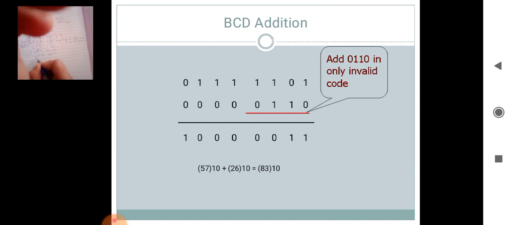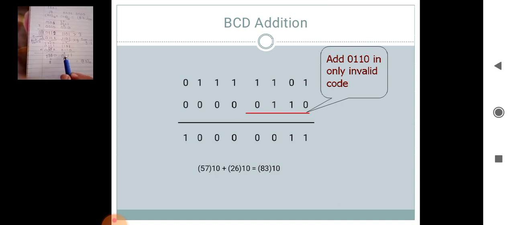That means we'll get 0 0 over here. Sorry. So final answer, this is 8 and this is 3. So it will look like 83. No need to add 6 here because it is less than 9. So only add 6 here. So you will get the result as 83.